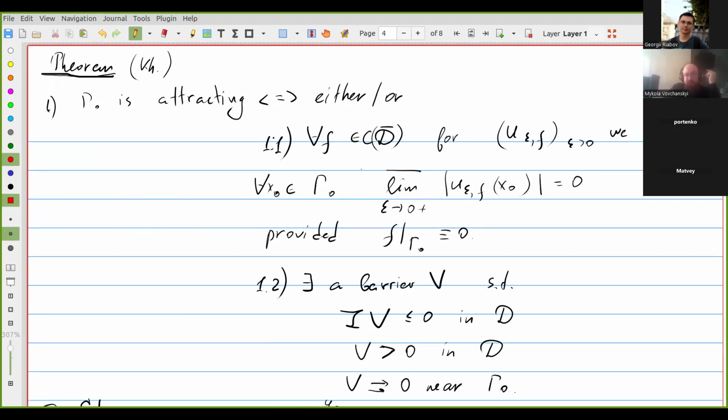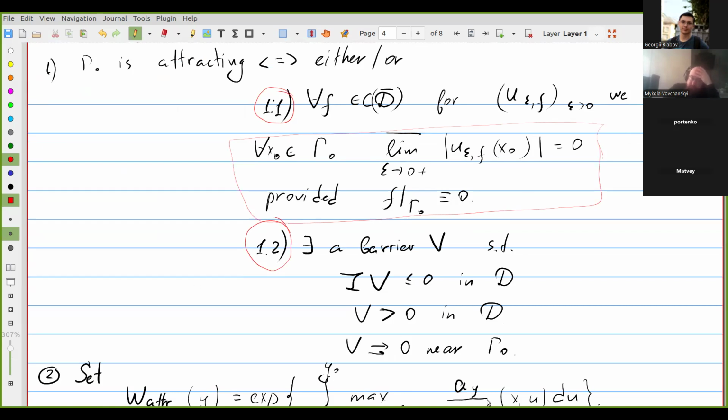So the point is attracting if one of two conditions holds, which is sufficient and necessary. Either we have a good sequence of solutions of the corresponding elliptic problems in domains that form an exhaustion sequence for the original domain, or there exists a classical barrier that satisfies this inequality and goes to 0 uniformly near gamma 0.